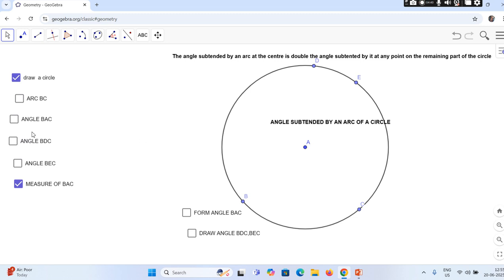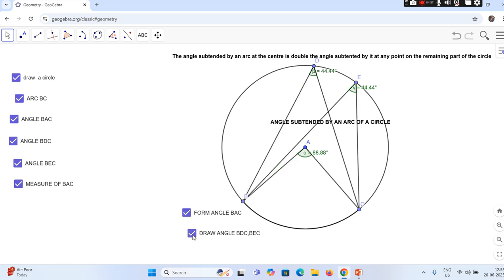So for this, we have an arc BC. Now join and form all the angles. See what I have done? I have subtended the angle at the center and at the remaining parts of the circle. Now what I have observed, the visualization is clear to everyone.